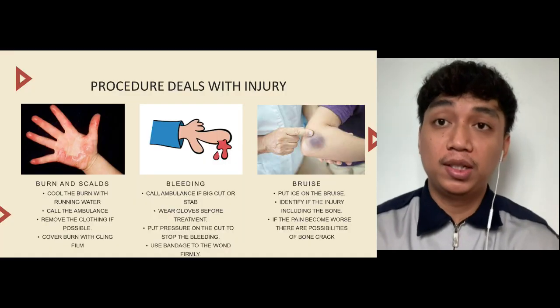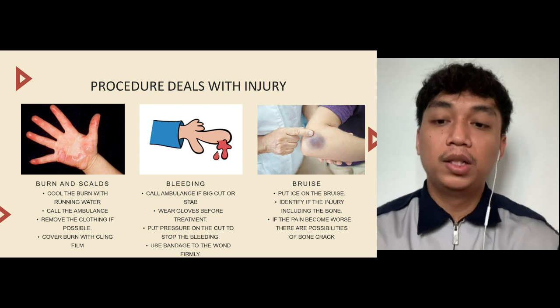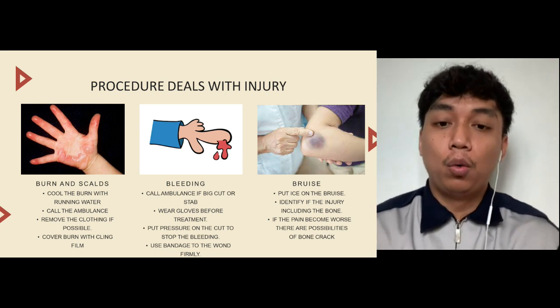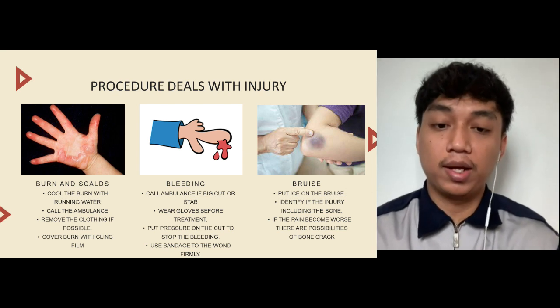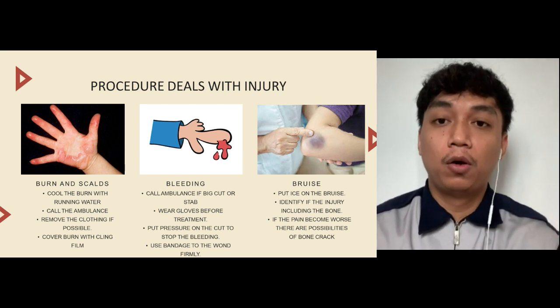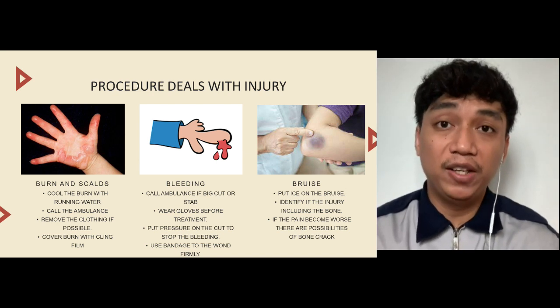And next, the procedure that deals with injury. This is a basic procedure where further action is needed in case someone is hurt in the accident. The procedures for burns and scalds are: first, cool the burn with running water; second, call the ambulance; and third, remove the clothing if possible.